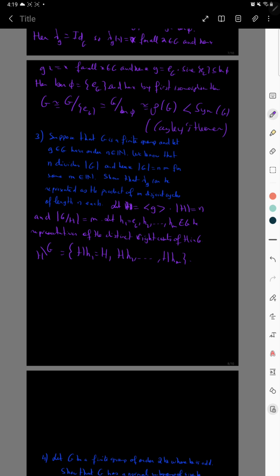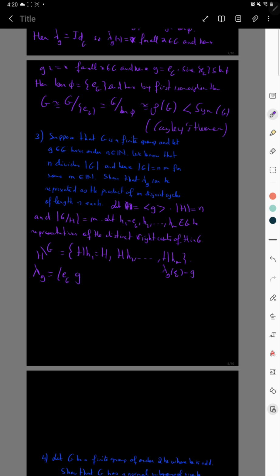Okay. Now let's write down the permutation lambda g as a product of disjoint cycles and see what happens. The idea here is to start somewhere, so let's start with the identity. Where does the identity go? Lambda g of e is just g.